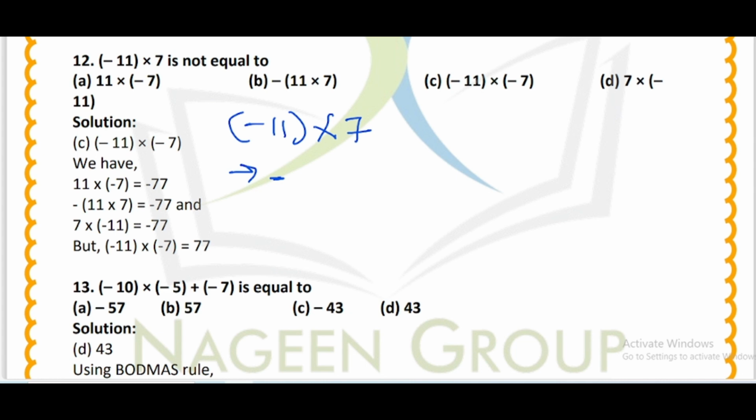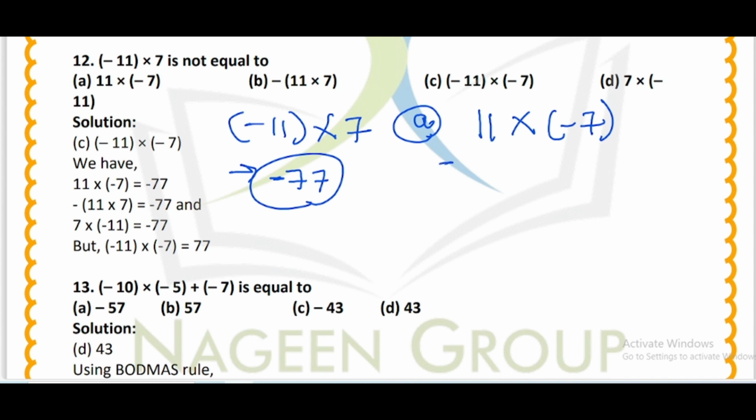Then we multiply the numerals, 11 into 7, that is 77. Then minus 77 is not equal to, let's find out, part A that is given, 11 into minus 7. First we multiply the symbols, plus into minus, that is minus, and 11 into 7, that is 77. It means part A is equal to minus 77.